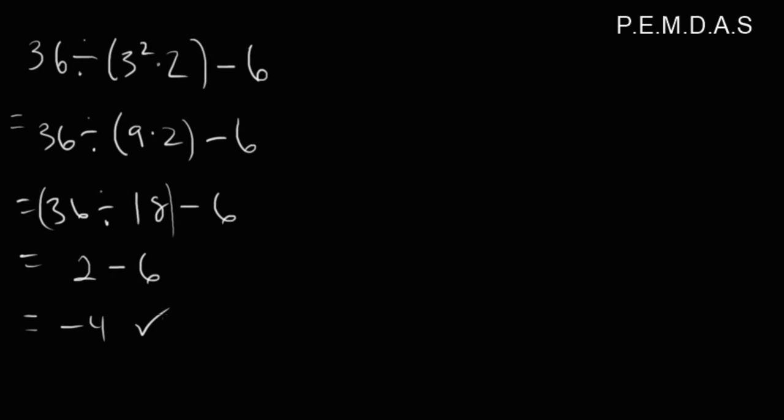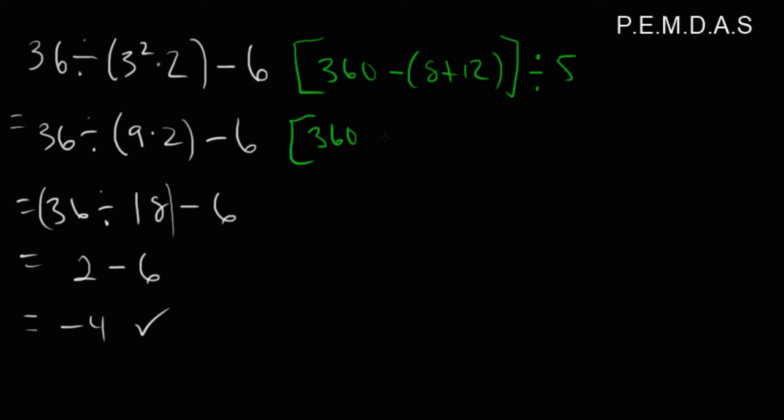Let's look at another example. Feel free to pause the video. So I have 360 minus 8 plus 12 divided by 5, working inside out. 8 plus 12, 20.